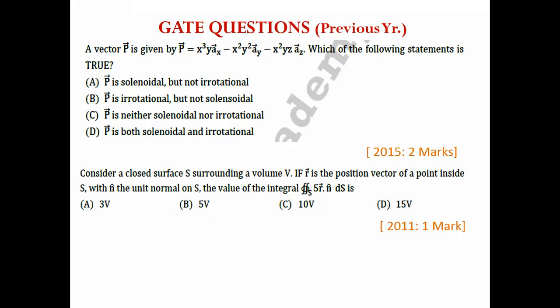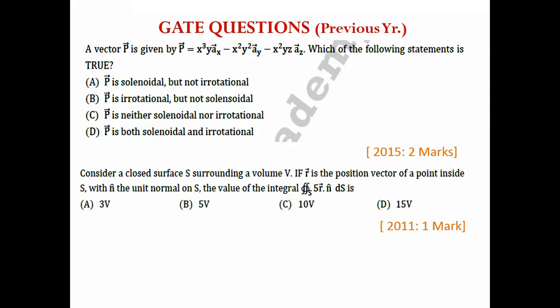Go through it. Vector B is given by B vector equal to x cube y ax minus x square y square ay plus x square y z az. So what will you do? At least just tell me what you will do. Later on you try it. We should find divergence and curl.